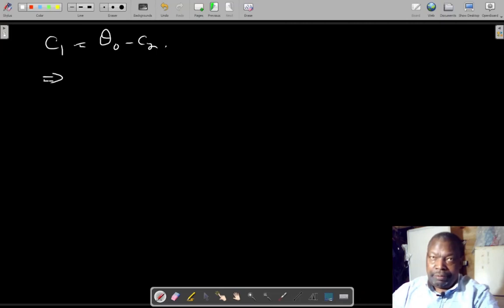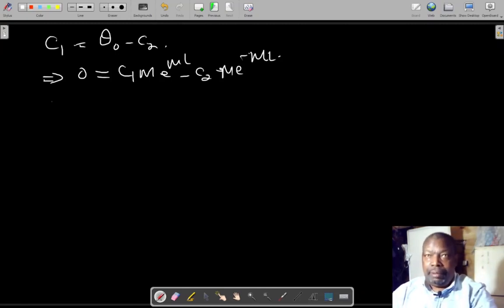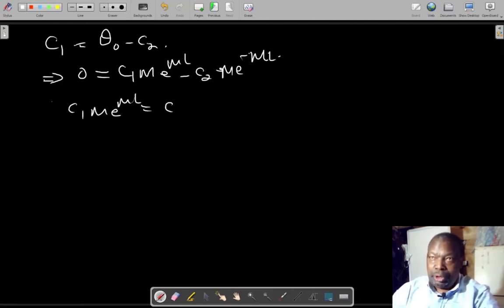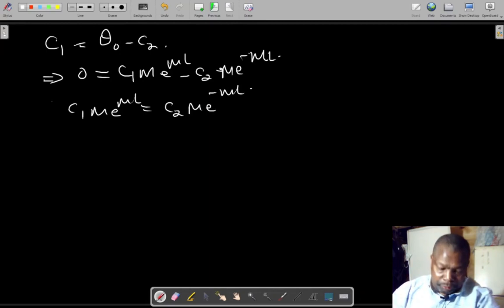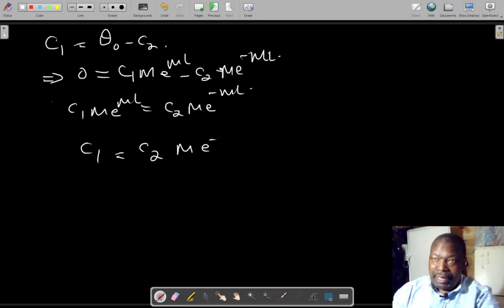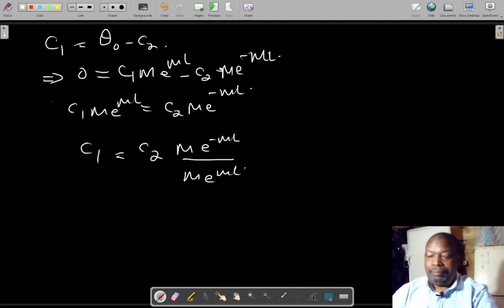From the first equation, C1 m e^(mL) is equal to C2 m e^(-mL), so C1 is equal to C2 m e^(-mL) divided by m e^(mL).